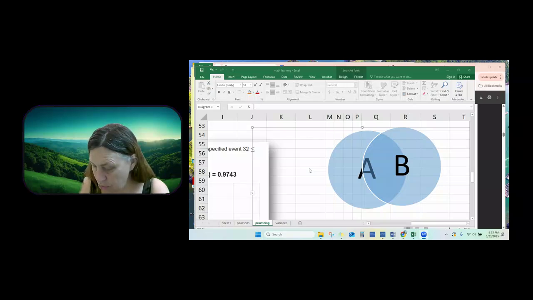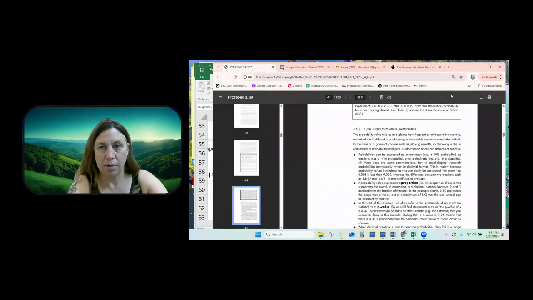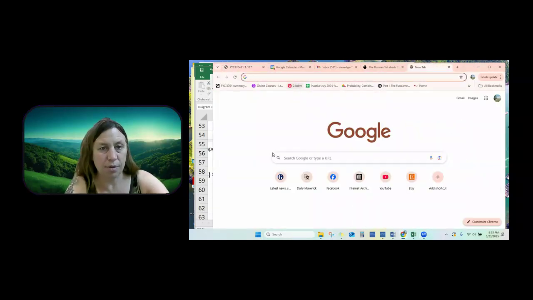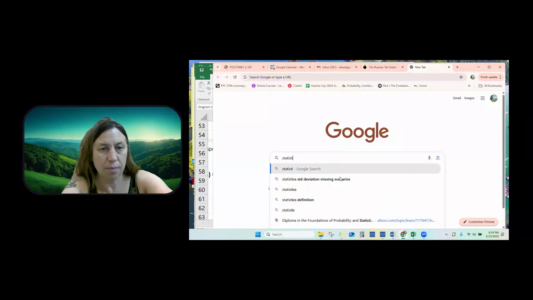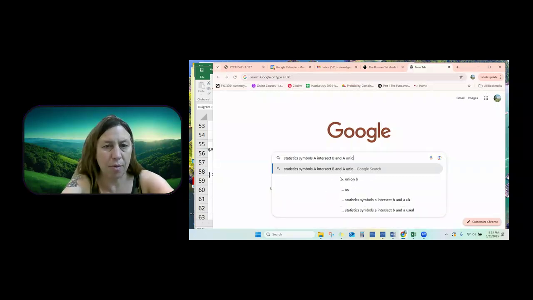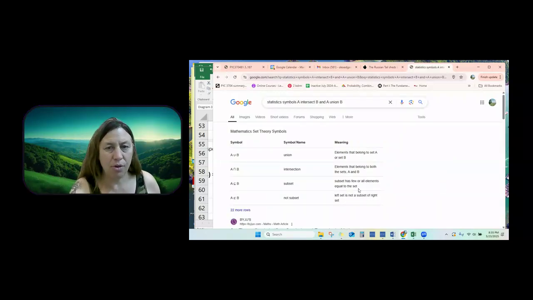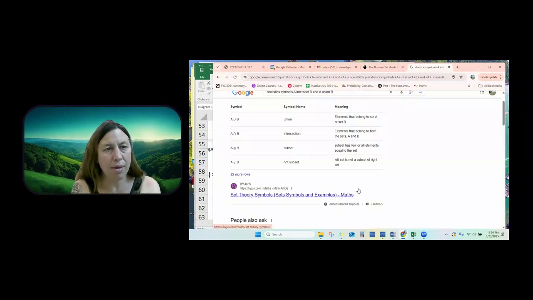And there is a symbol for showing those two concepts, and I've forgotten it. I've drawn it so many times. Let's look it up. It's A intersect B, and A union B. A union B is when it's either A or B, so that would be additive.